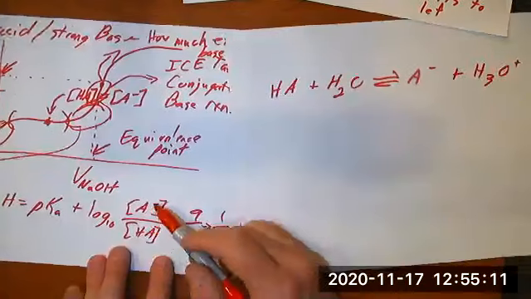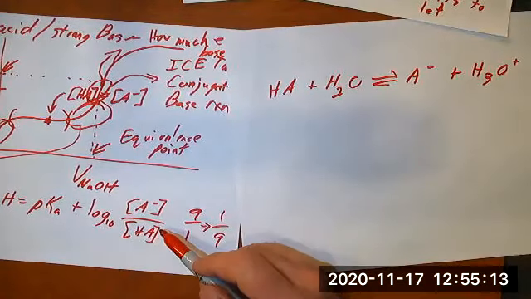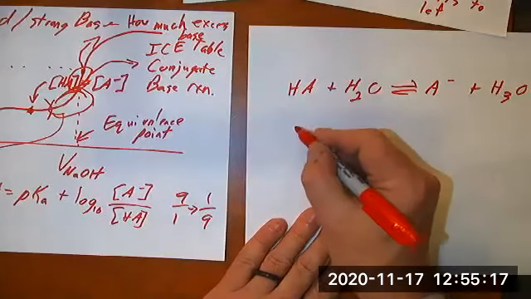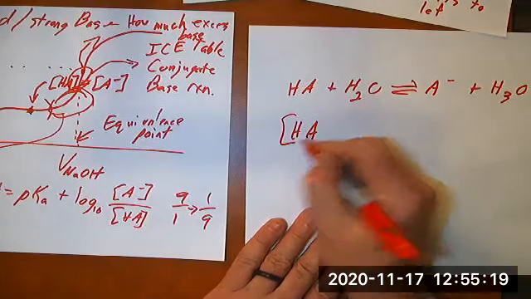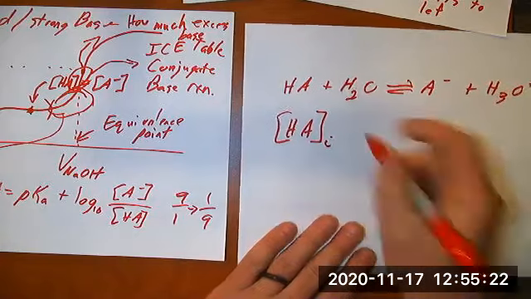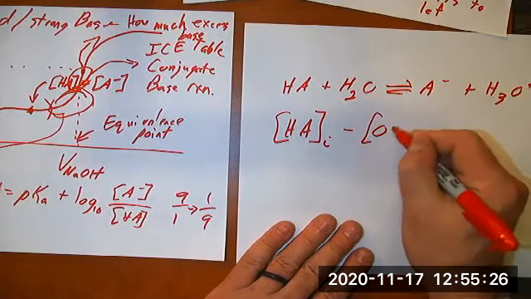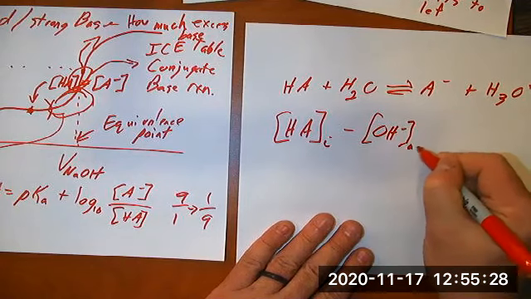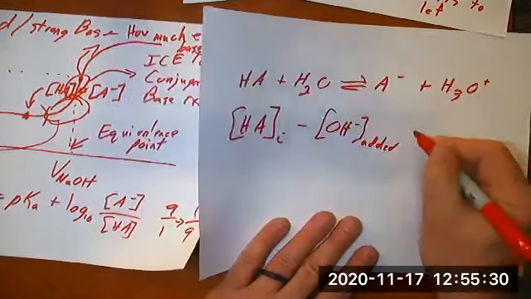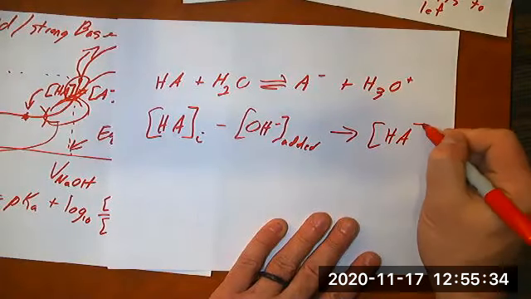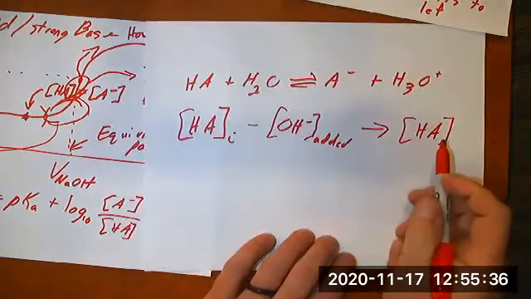So the values that we put into the Henderson-Hasselbalch equation are simply how much acid do you have: your HA initial minus the OH minus added gives us the HA that we're going to use.